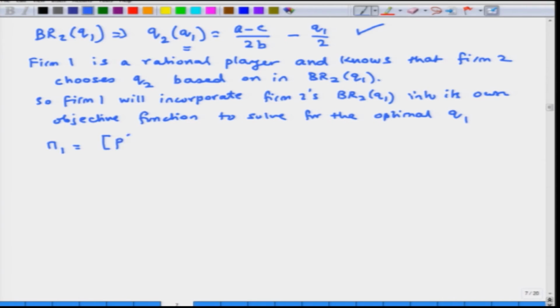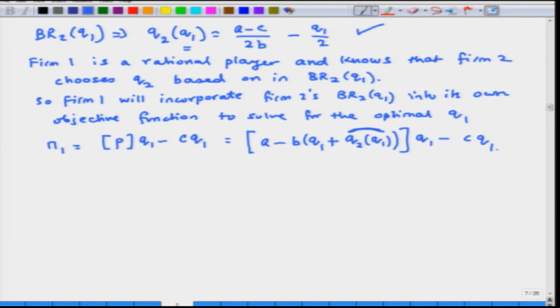So, now let us look at firm 1's profit function. So, firm 1's profit is P times Q1 minus the cost, which is CQ1. So, this essentially is A minus B times (Q1 plus Q2), but now the Q2 firm 1 knows is going to be based on firm 2's best response function, times Q1 minus CQ1. So, we are going to substitute for the best response function for firm 2 based on what we have computed here, right.